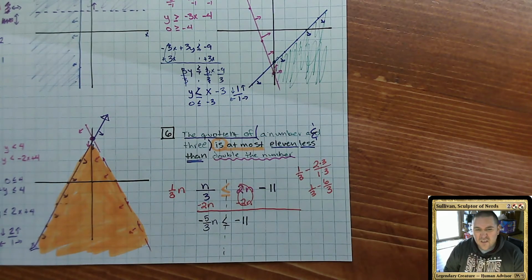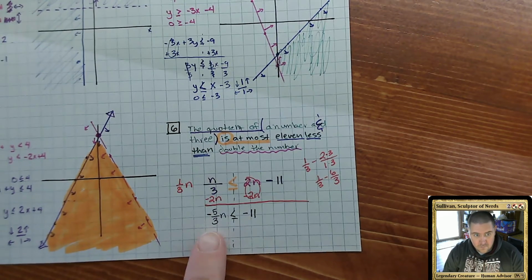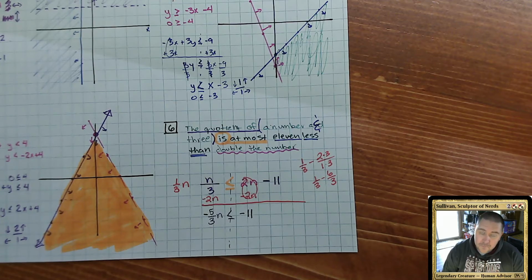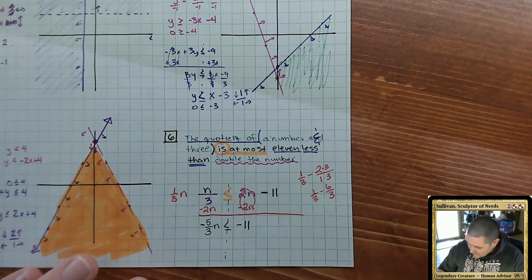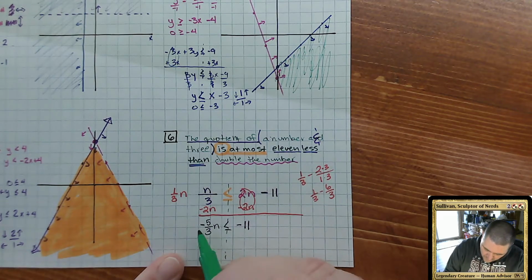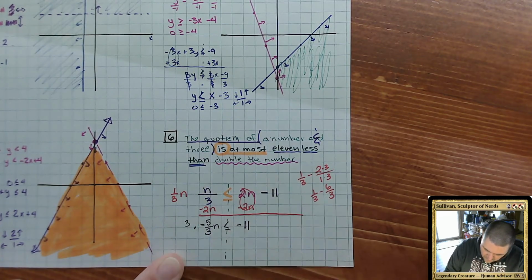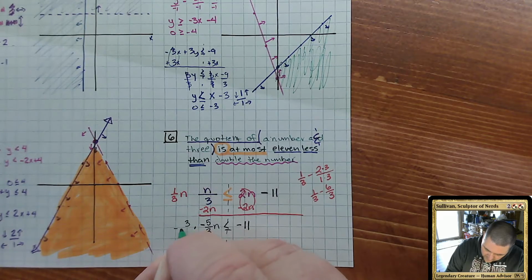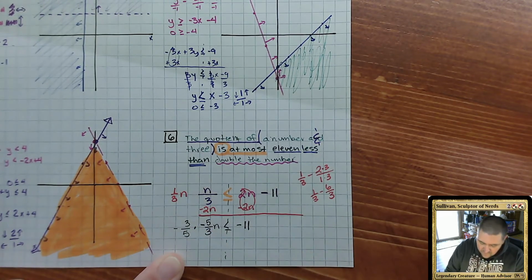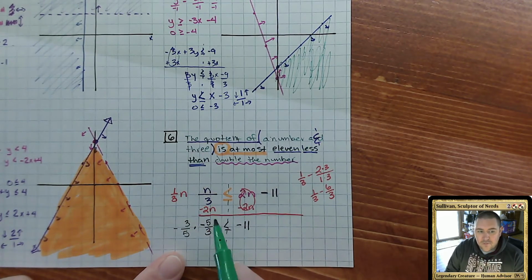You're like, ew, fractions. Well, how do we get rid of fractions? Multiply by 3. Now, in this case, if I'm going to multiply by 3, I might as well multiply by negative 3/5. Remember, dividing by fractions is easy as pie.